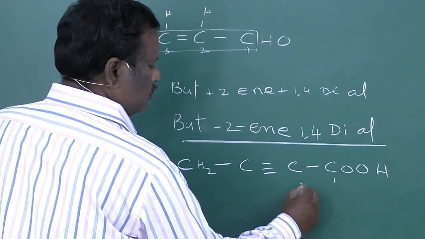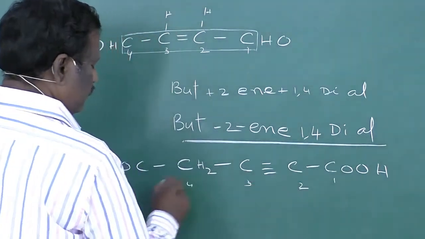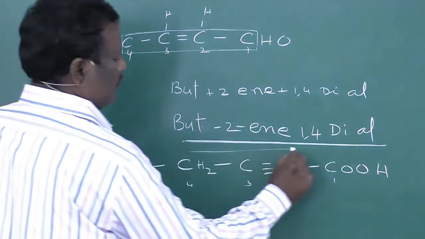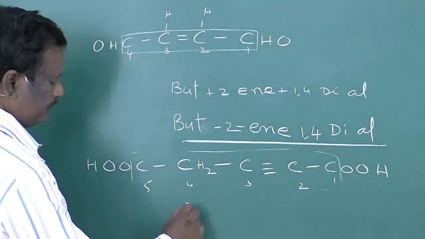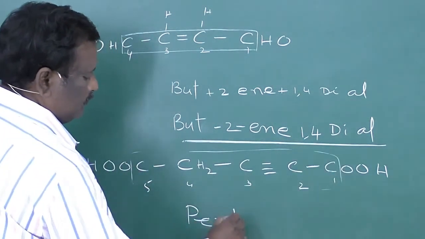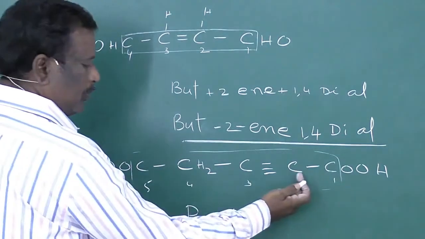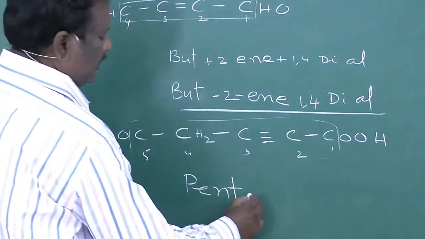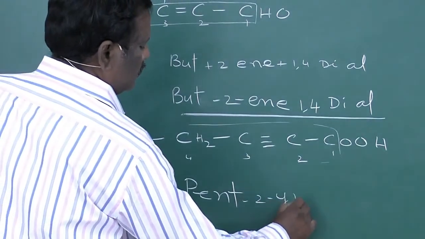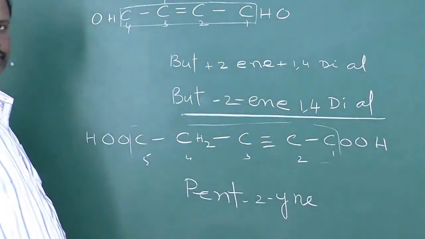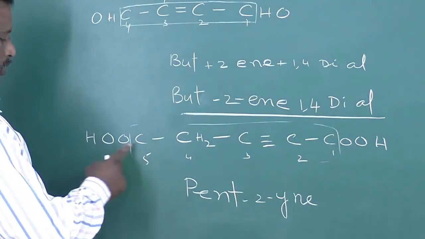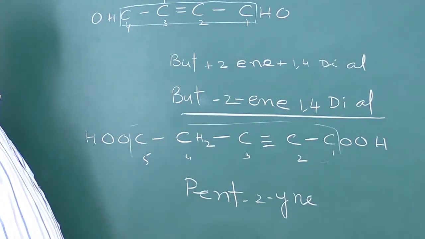So 1, 2, 3, 4, 5. So the 5 carbon chain is there, so the root word is pent. Here the triple bond is present between the second and third carbon. So pent-2-yne, and in the first carbon and fifth carbon we have carboxylic groups.